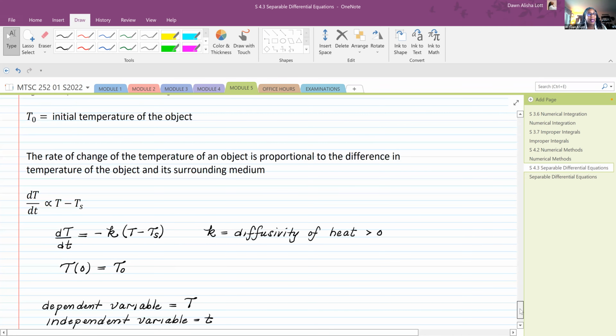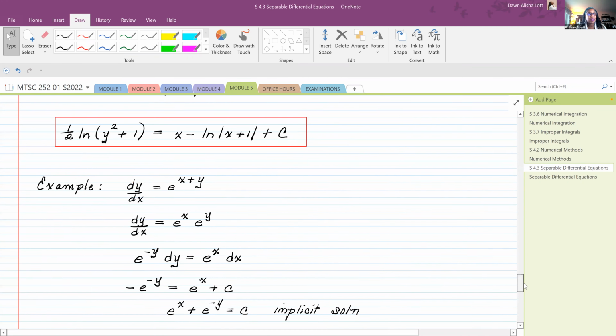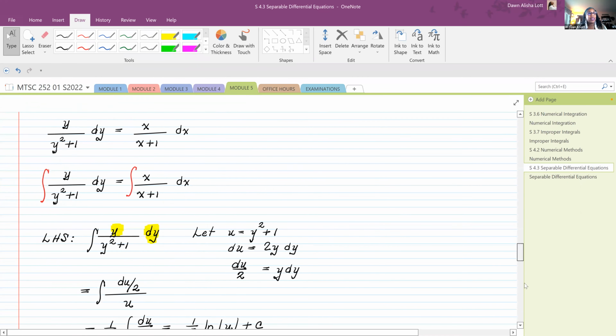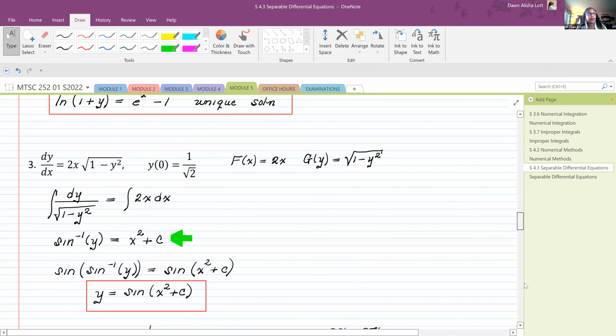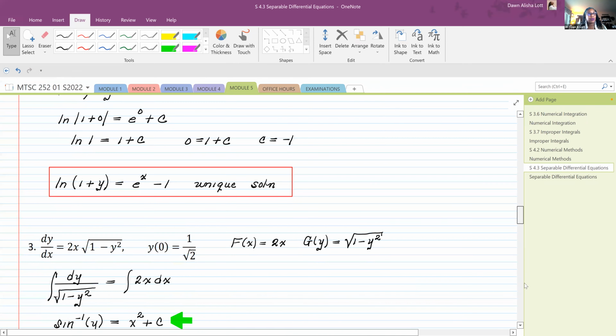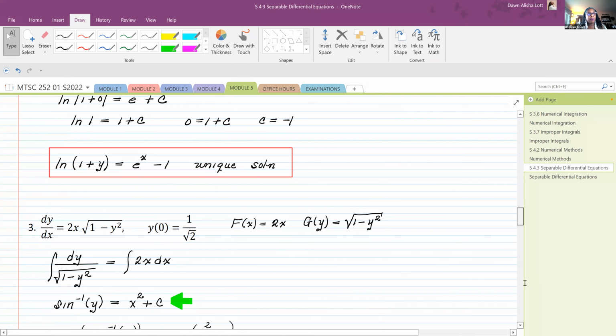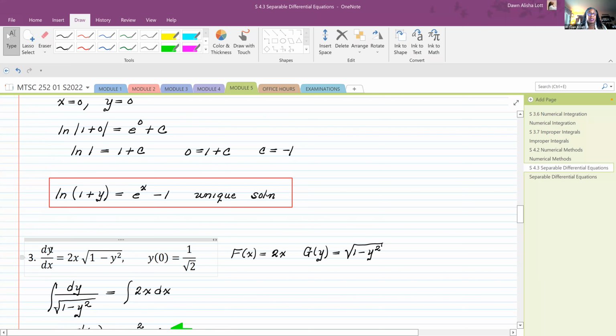So let's go back. This is an application. In these problems back here, we had y as the dependent variable and x as the independent variable because y was a function of x. And it was separable because it only contained x's and y's, and we put all the y's on one side and all the x's on the other side.